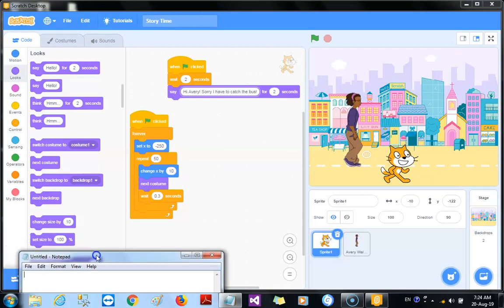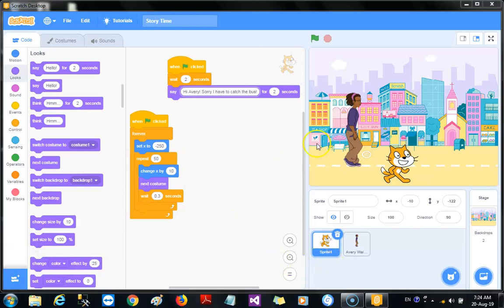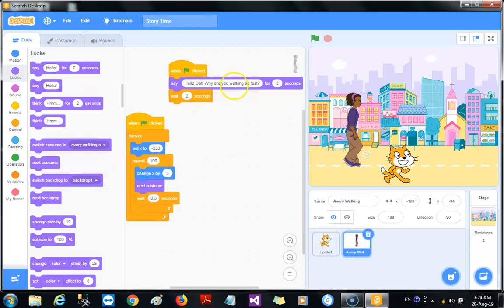Now what I want to do is to make the conversation happen in such a way that it's more natural. Avery seems to be saying something that's going to take more than 2 seconds to finish up, so I'm going to give her 4 seconds. While she's talking, our cat has to wait.